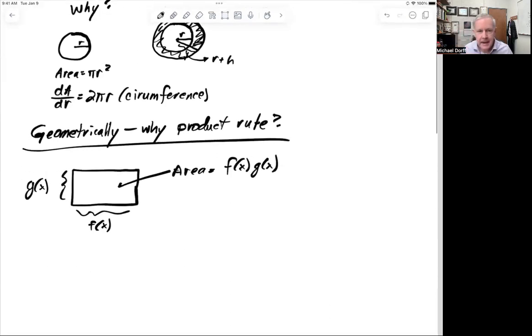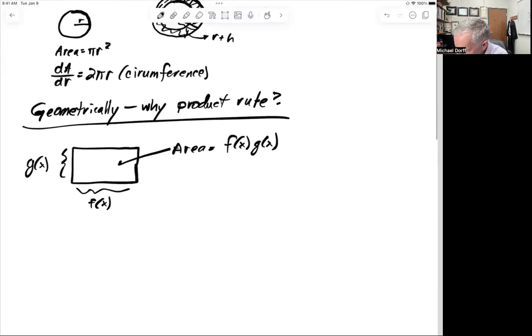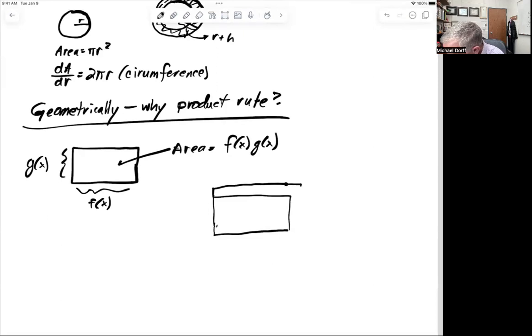All right. And now, just like we did with the circle, we want to increase the area, we increase the size of that rectangle by a little bit. So what we're going to be doing here now is we have our original rectangle, and now we're going to just increase it a little bit. It's going to look like this. So we have this new part here.